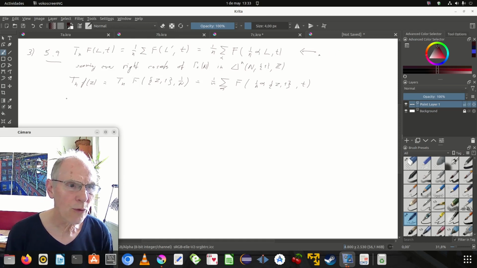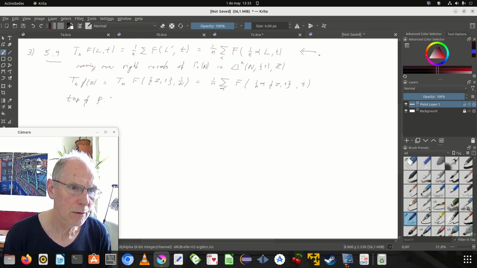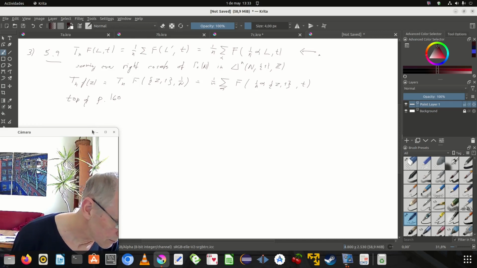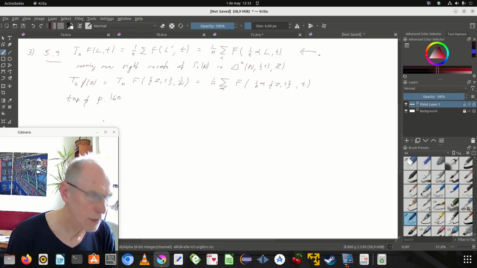The formula I thought about was on top of page 160. And I'll just write up what it says.